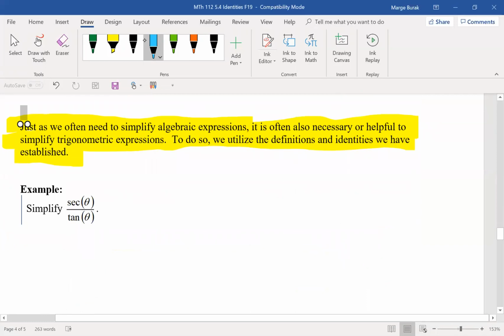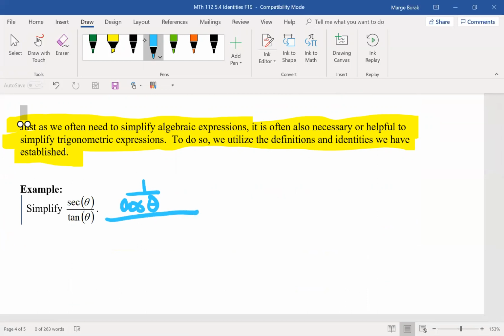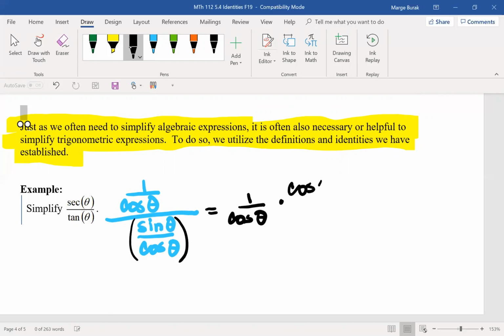So the secant is actually 1 over cosine theta. The tangent is actually sine theta over cosine theta. What we can do is treat this as a fraction divided by a fraction, so we multiply by the reciprocal. Then the two cosines cancel out, and we're left with 1 over sine theta.